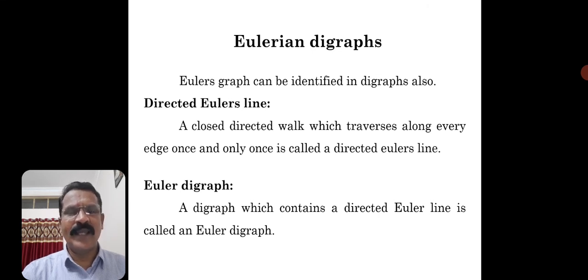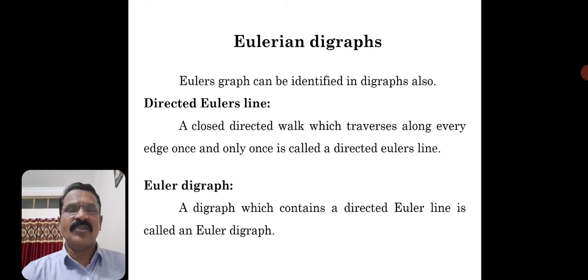A closed directed walk which traverses along every edge once, and only once is called a directed Euler's line. So there also we are tracing every edge exactly once, as in undirected graphs. So here also, a closed directed walk which traverses along every edge once and only once is called a directed Euler's line.